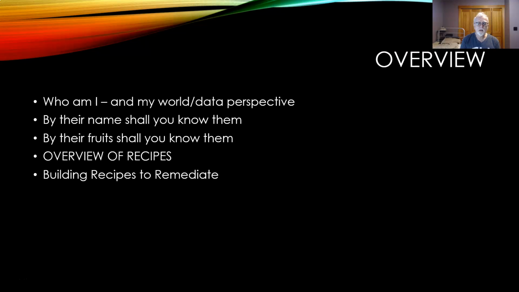The next section, which was three talks, was looking at trying to figure out what needed to be changed by using the names of the bacteria without paying much attention to what they did.